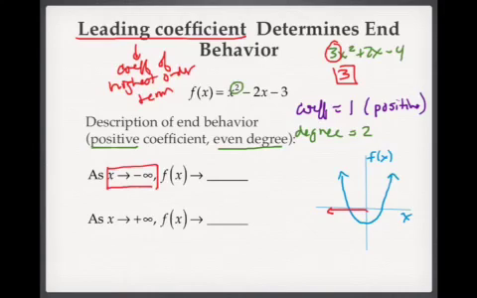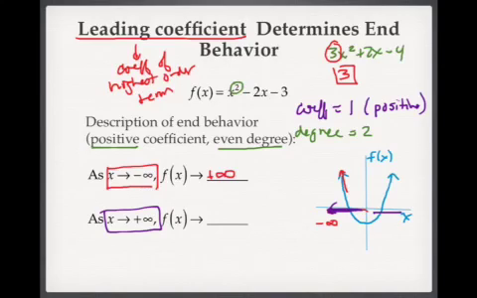Well, the function is going to go up, up, up, up, up, and away, and it's going to approach positive infinity. So as x goes to negative infinity, the function itself is going to go to positive infinity. So you would say the end behavior is positive infinity.